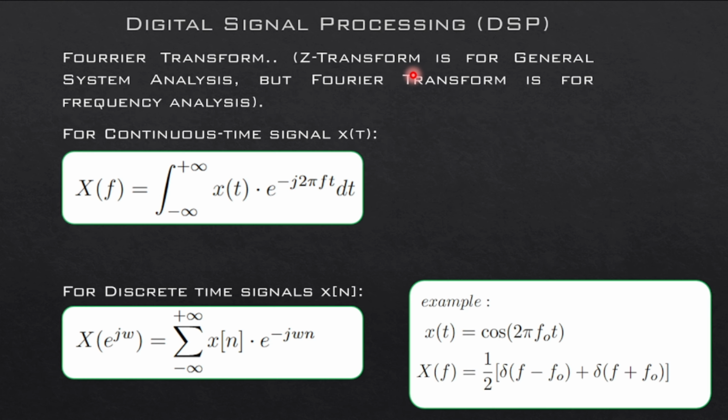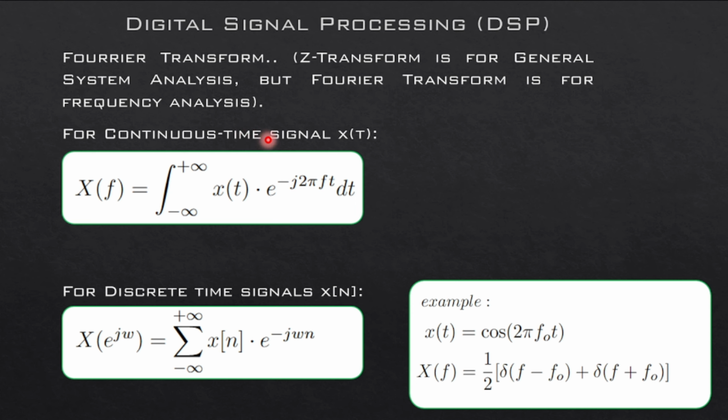So the Z transform is for general system analysis, like finding poles and zeros, finding where the frequencies are cancelled or which frequencies are at peak and resonant within the system. But the Fourier transform is for frequency analysis.